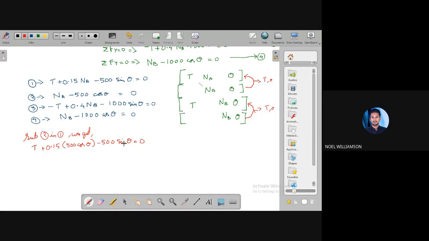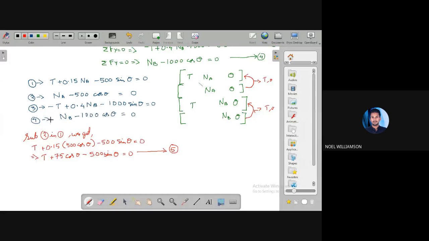And on rearranging, we will get T plus 75 cos theta minus 500 sin theta equal to 0. It will be minus itself. Let it be equation 5.